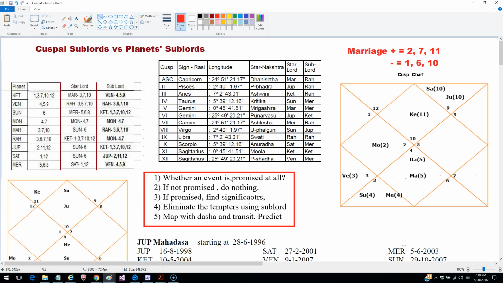So let's say somebody is asking about marriage, then the very first thing in the KP process is to find out whether marriage is promised at all, or somebody is trying to find out if he or she can settle abroad. So the first thing is whether that person will be able to go abroad at all or not. So the first step is to find out whether a particular event is promised at all.